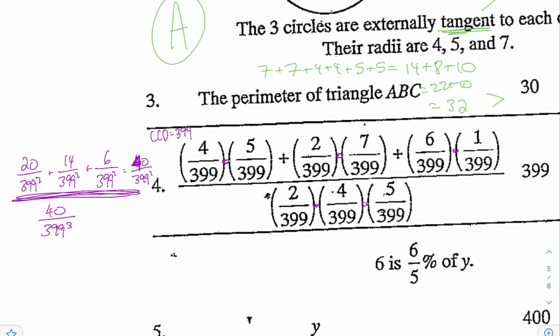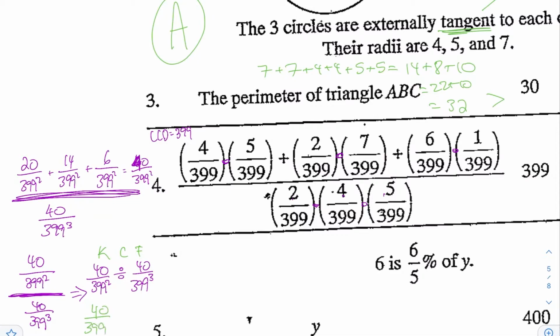So when you have a complex fraction, you can rewrite this as a division problem. So you just have 40 over 399 squared divided by 40 over 399 cubed, and then you can use keep change flip to turn this into 40 over 399 squared times the reciprocal, which is 399 cubed over 40.